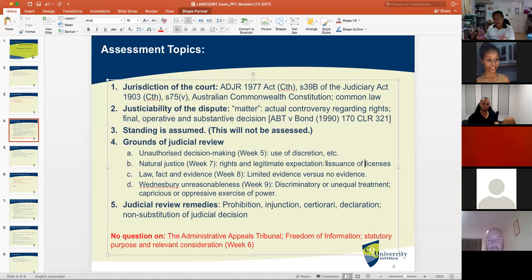Now, you distinguish that from those instances when people are really similarly situated. So if people are really similarly situated, they're really the same, then in that case, if there is discriminatory treatment, that can amount to Wednesbury unreasonableness.